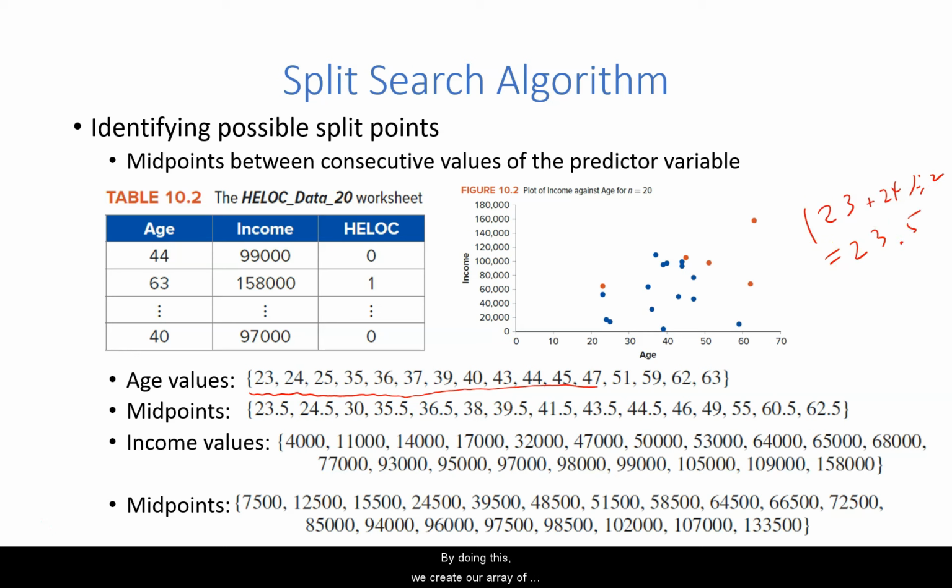By doing this, we create our array of midpoints. There are a total of 15 midpoint values for the 16 distinctive age values. These midpoints are the candidate split points for the age dimension. So, potentially, we can split the data according to the age dimension using the values such as 23.5, 24.5, 30, and so on.